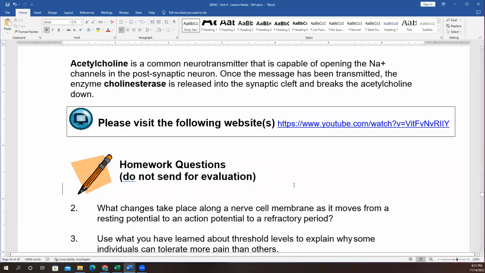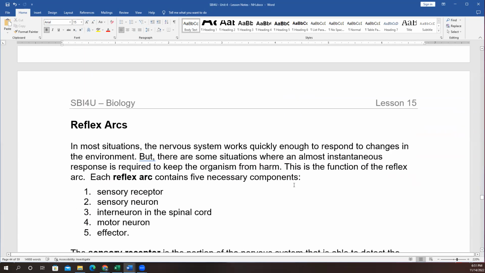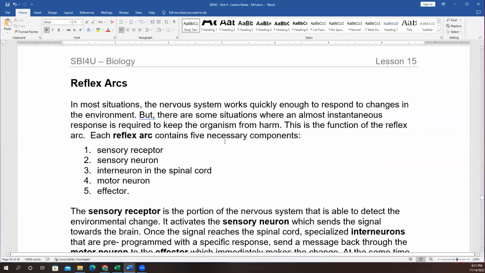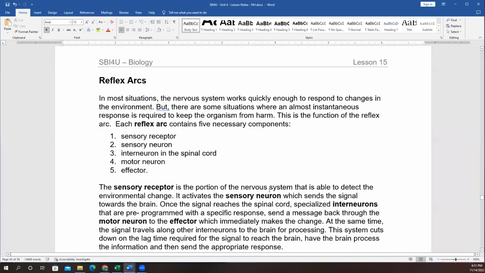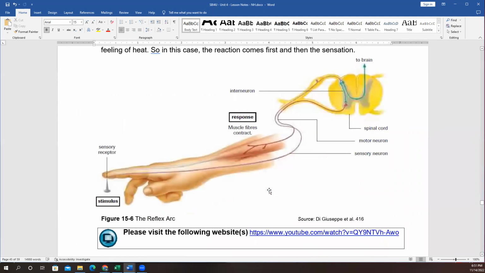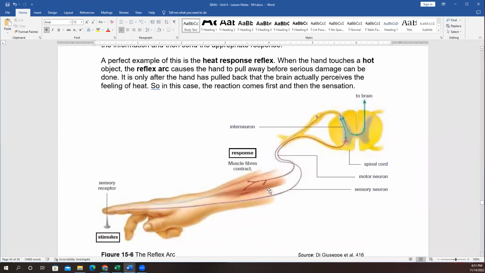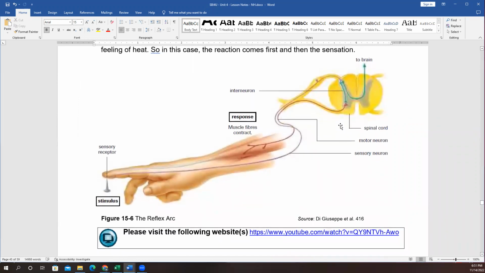Right. Which now brings us to a discussion of the reflex arc. So in most situations, let me just zoom here for you. Here we go. So this diagram shows what we mean when we discuss the reflex arc.